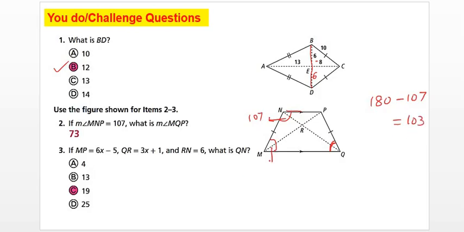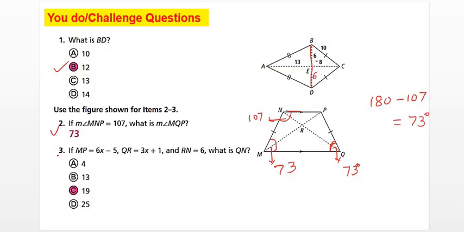So if this angle is becoming 103 degrees, no, sorry, it will not be 103, this one will be 73 degrees, right? So if this one is 73 degrees, this angle will also be 73 degrees, the one they want us to find.